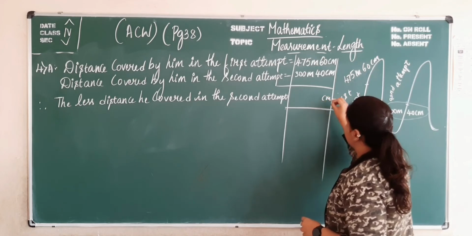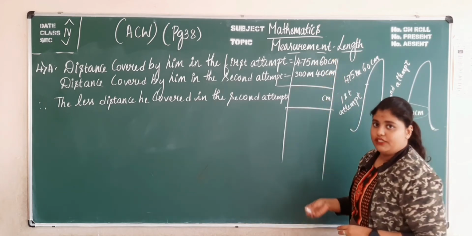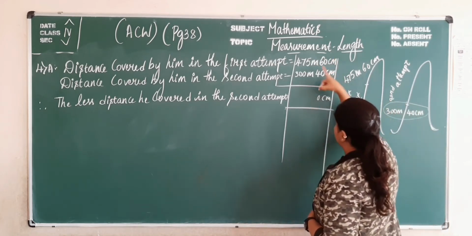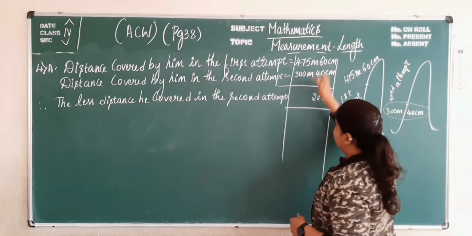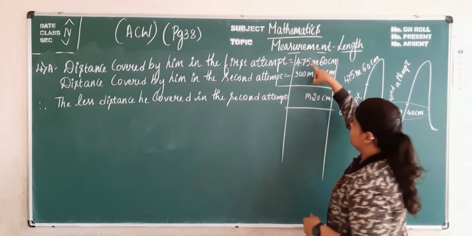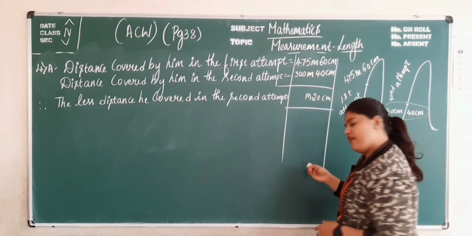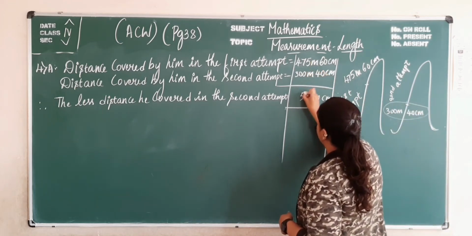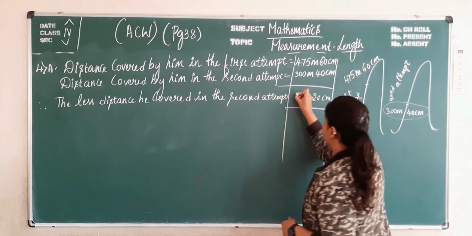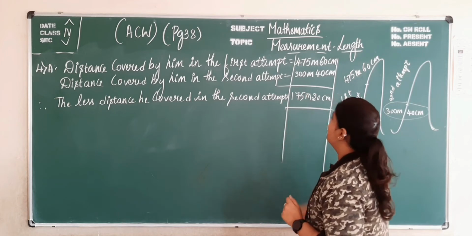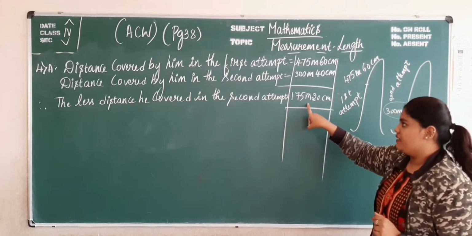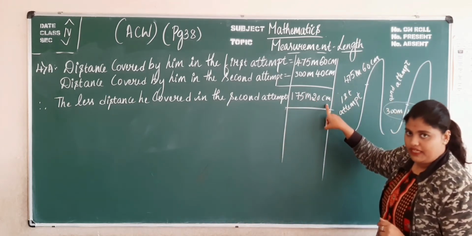So I write centimeter. What is 0 minus 0? 0. What is 6 minus 4? Right, 2. Meter. Next unit is meter here. So 5 minus 0? 5. What is 7 minus 0? 7. What is 4 minus 3? 1. So 175 meters 20 centimeters.